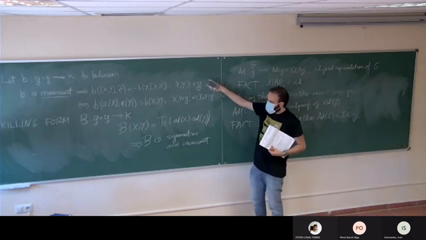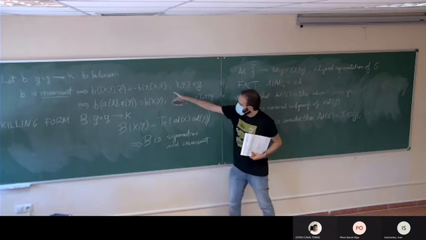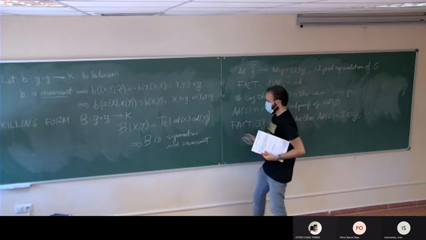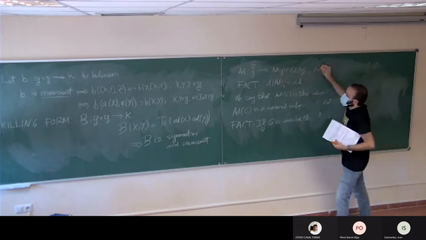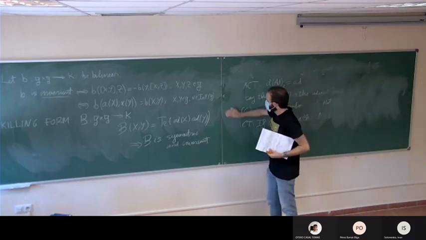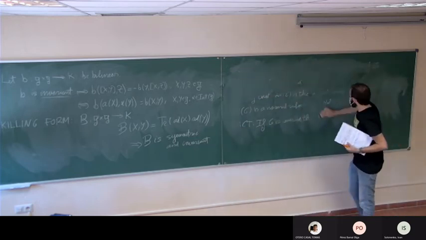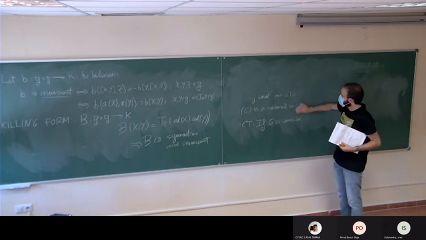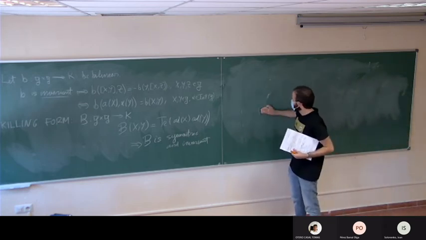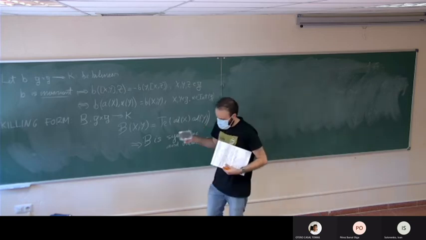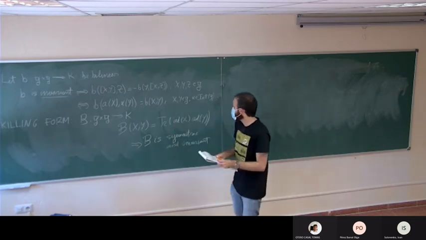But unless the group of automorphisms were connected, these two things wouldn't be equivalent necessarily. So we will follow this definition: a bilinear form is invariant if it's invariant under inner automorphisms. Again, we're thinking of identity components or connected groups.